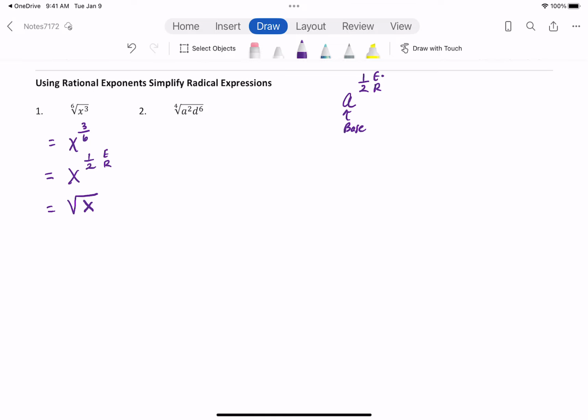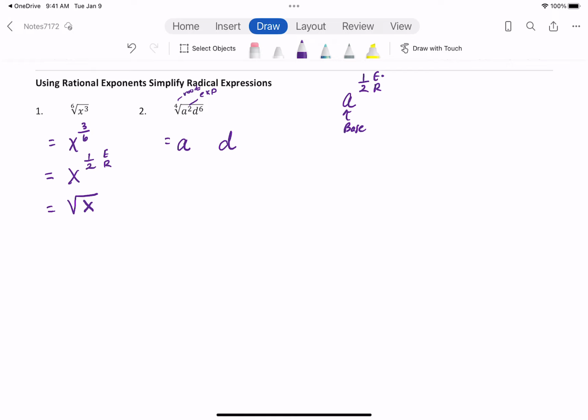All right, one more. So this time I have 2 things under my radical. So my bases are a and d. When I rewrite, we know that this is the exponent and this is the root, and the exponent goes on top.